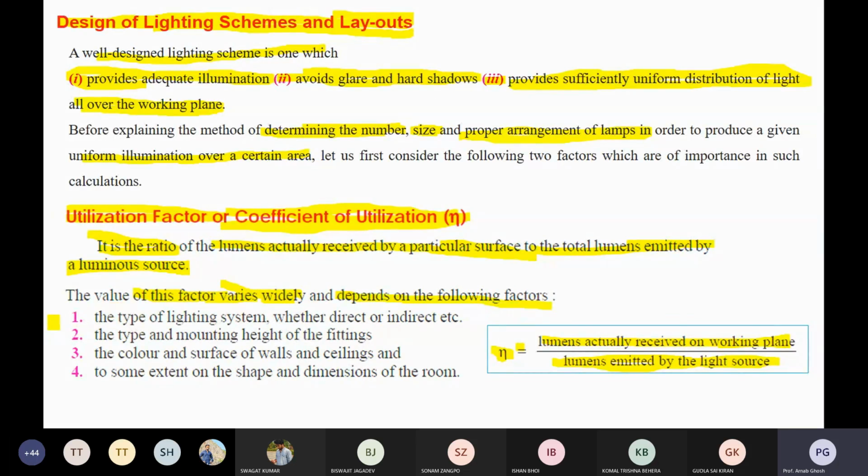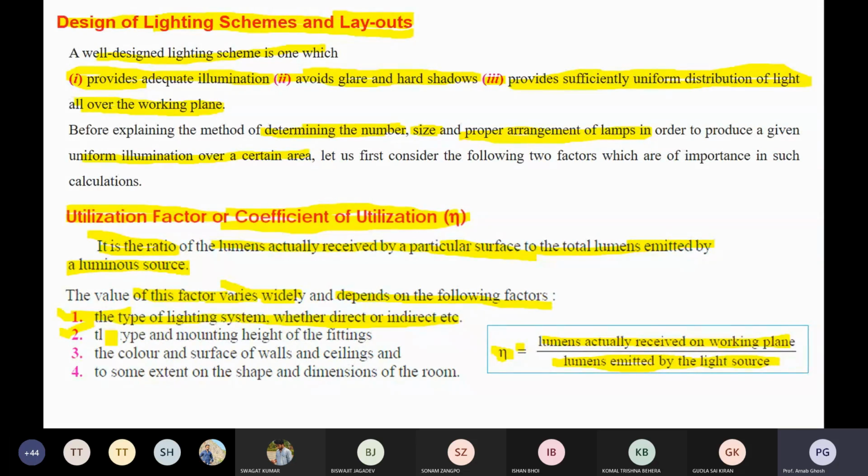Second one is the type and the mounting height of the fittings. How much height, how much length from the roof, if it is hanging from the ceiling of your room. How much height of that hanging wire is important.